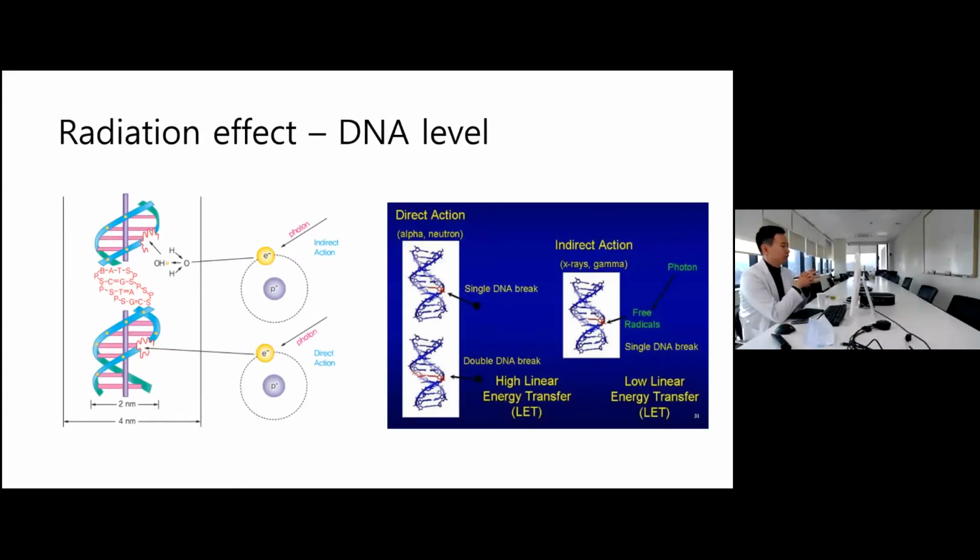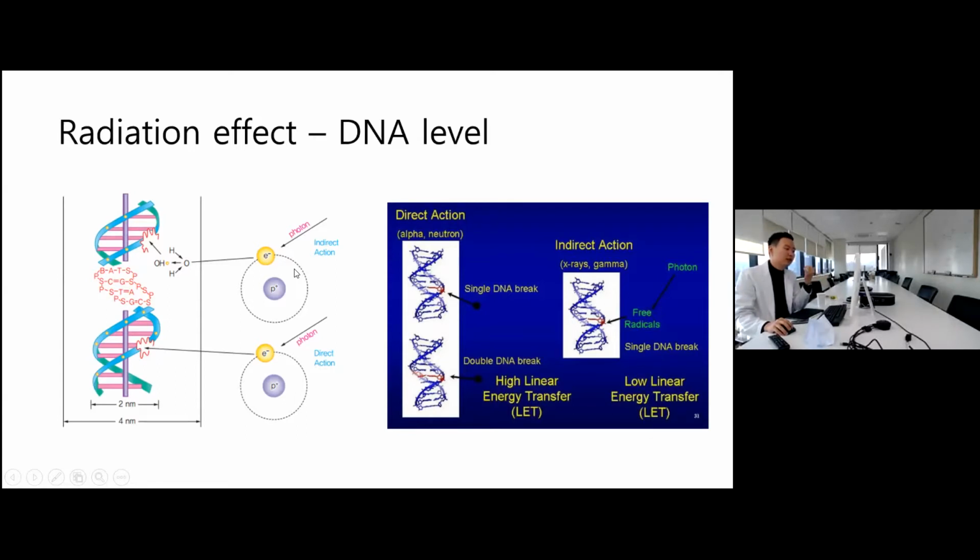So firstly, we can divide the radiation effect into the DNA level, cell level, tissue level, and also the general health. First, the radiation provides energy to substances along its pathway, and from it, electrons are ejected because of the given energy, and we call it ionization.